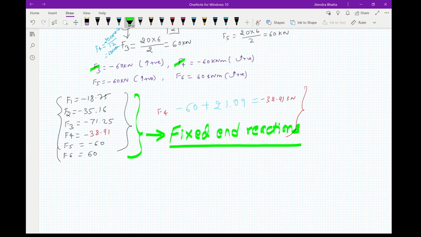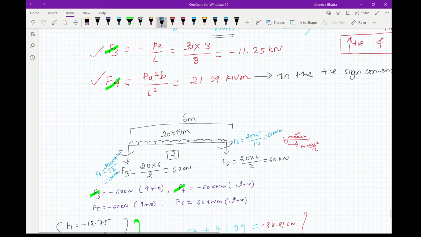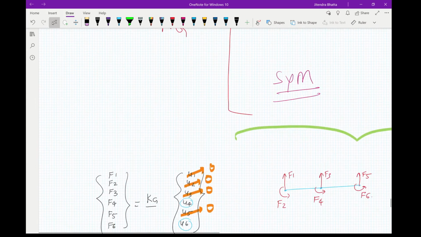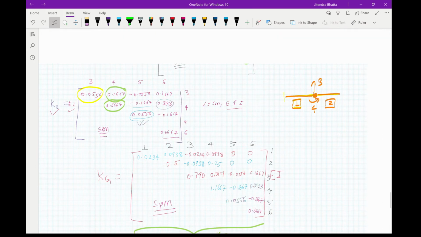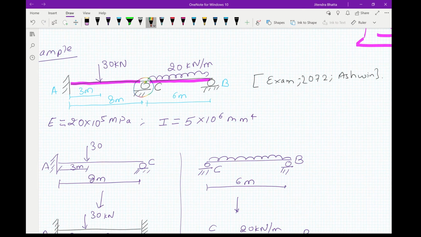Now to find your global force, as you can see in your main structure, you'll have a reaction force R1 occurring here, reaction force R2 here, reaction force R3 here, and then R5 here. We also have to add these reactions to our forces.